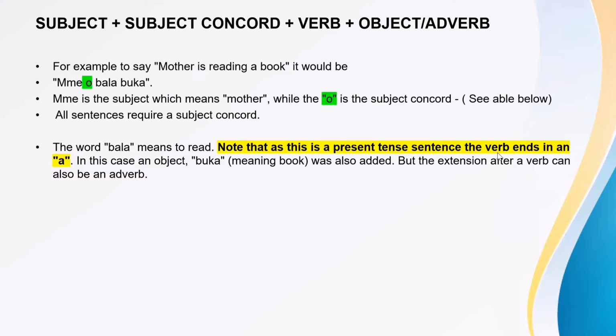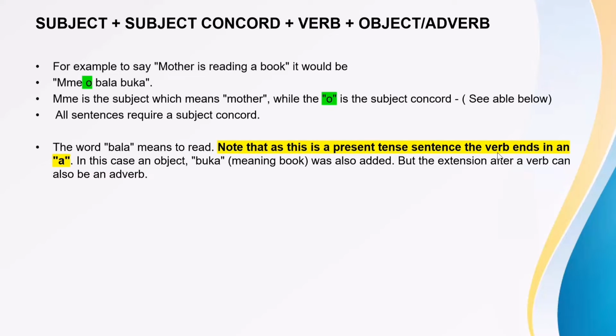In this case, mme is the subject, which means mother, and u is the subject concord, and all sentences require a subject concord. Without the subject concord, the sentence is not going to make any sense. The word bala means to read.